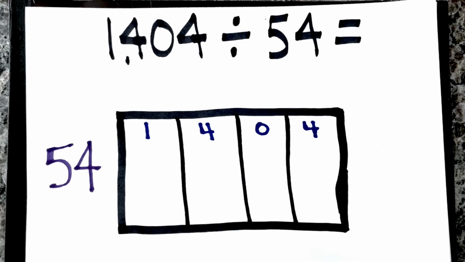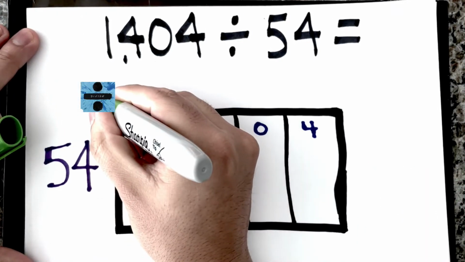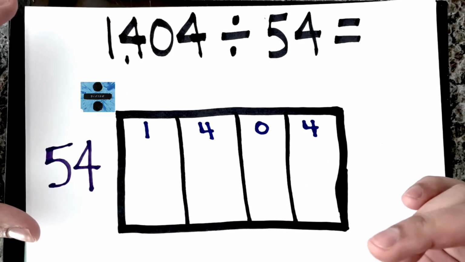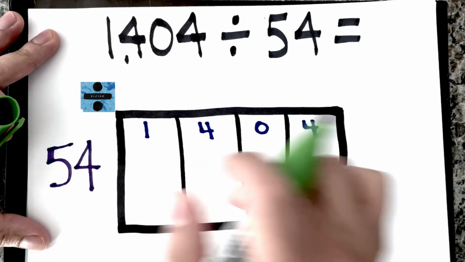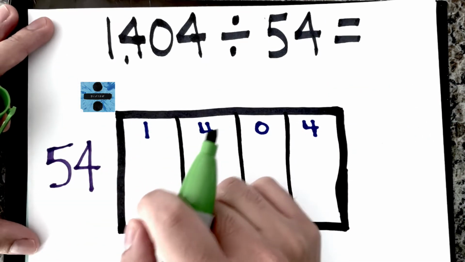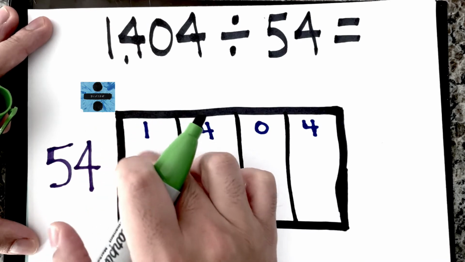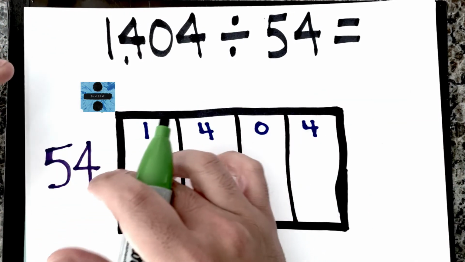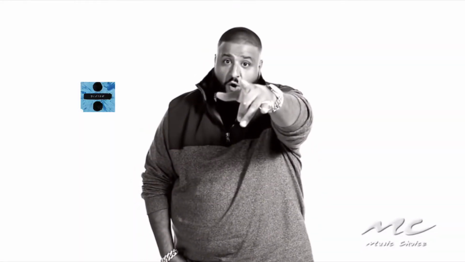And now what you're gonna do is you're just going to multiply by each spot. Or I'm sorry, you're gonna divide by each spot. Now you're probably saying, what does that mean? Let me show you, okay? So can 54 divide into the number just 1? No, it can't. 54 is way bigger. You're very smart.